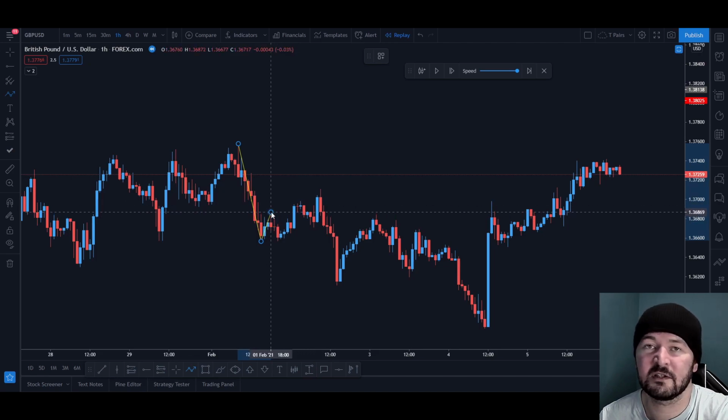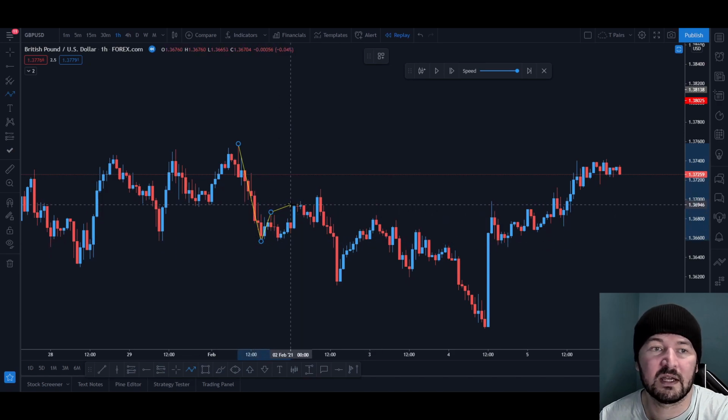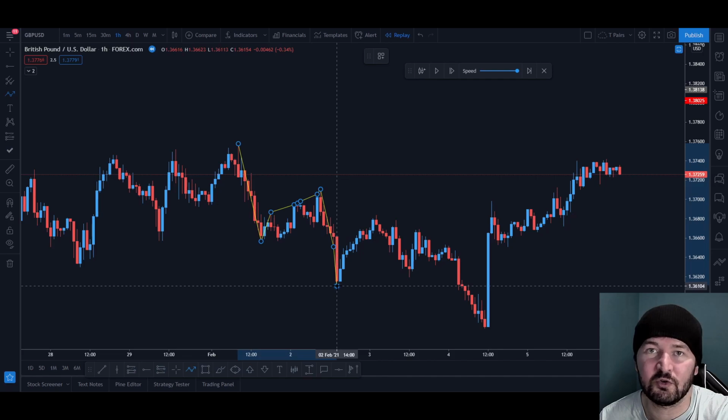We get our first counter trend, but we don't get a break, and then a further counter trend, and then another one, and another one, and then we get moved down, but it doesn't break. Then we get another one and another one. So in this counter trend, we've actually had five new places where price tries to pull back to, and then we get our break, which is here, and then we get a new low here.